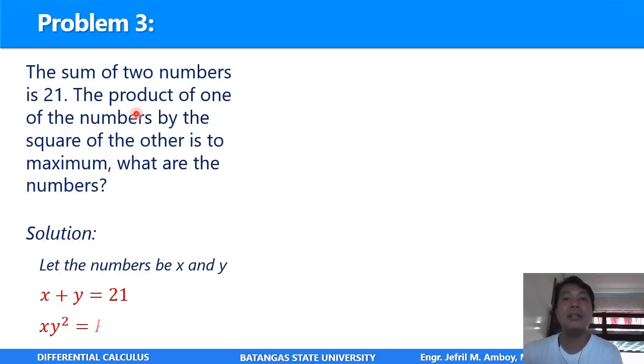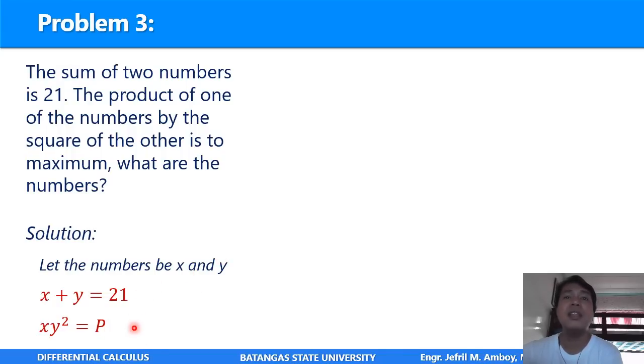So ito na ngayon yung ating equation. And that P, according to the problem, this P should be a maximum. So which are we going to maximize here? No? It's very clear that we want to maximize the product. So if we want to maximize the product, which of the two is our working equation?